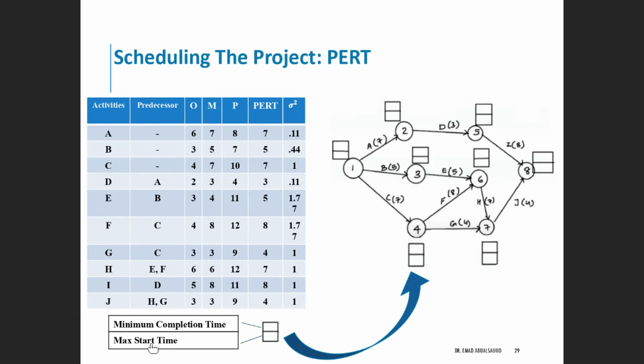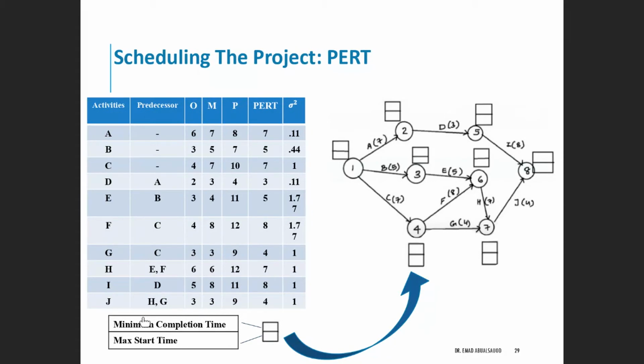The maximum time for the event, when it starts, and the minimum possible time to finish the event. We start from left to right, from node 1 to node 8, to find the max start time. Then we reverse from right to left to find the minimum completion time.